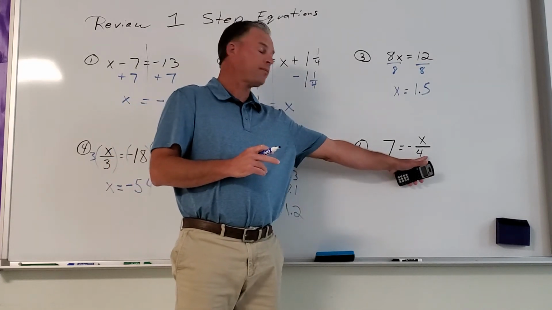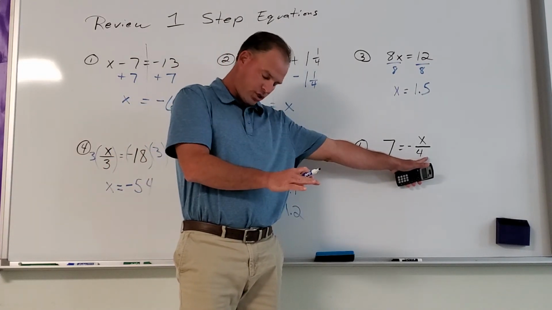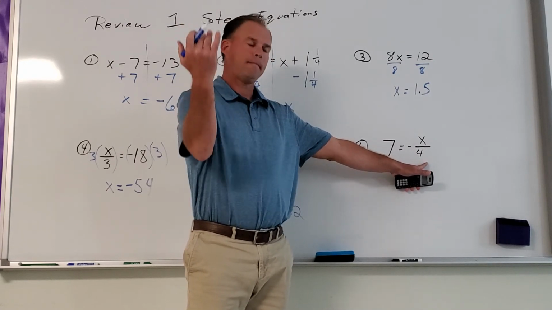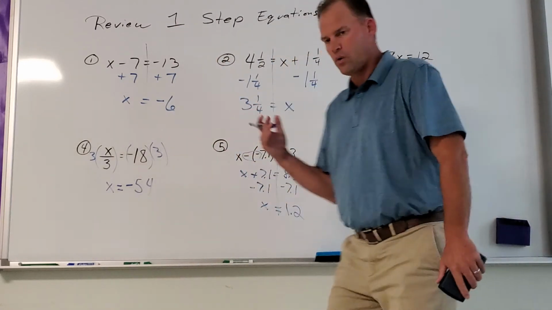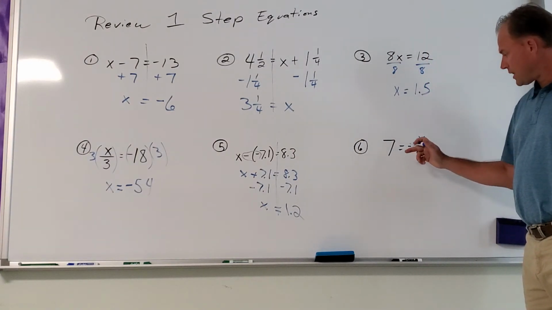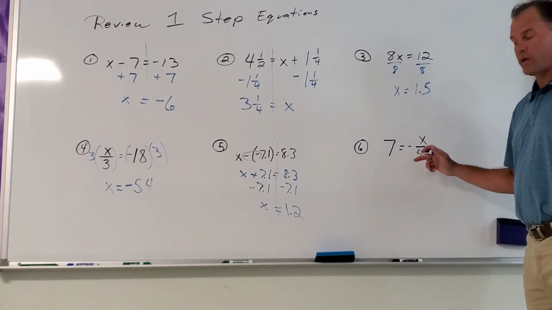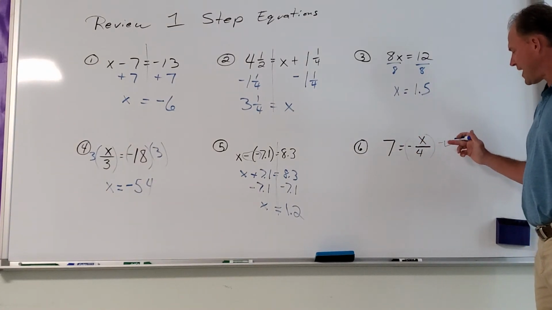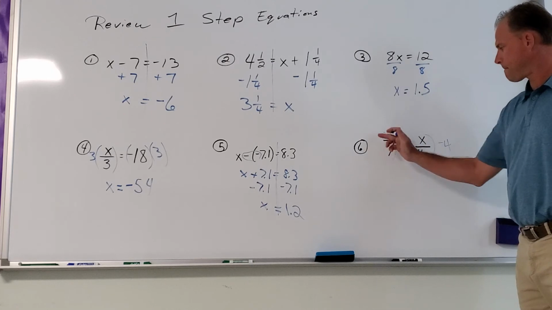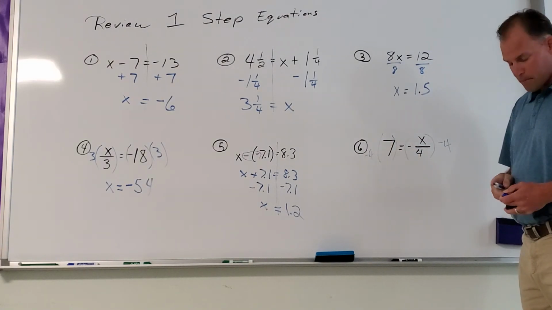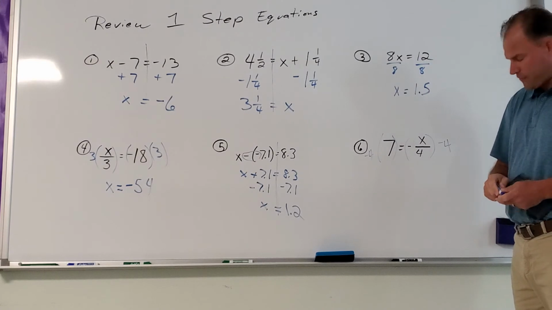Last example for today. What kind of problem is this? Division problem. What am I going to do to both sides? Multiply. So, I see this. Remember, that's a negative. I'm taking it with the 4. So I'm going to multiply both sides by negative 4. Multiply both sides by negative 4.